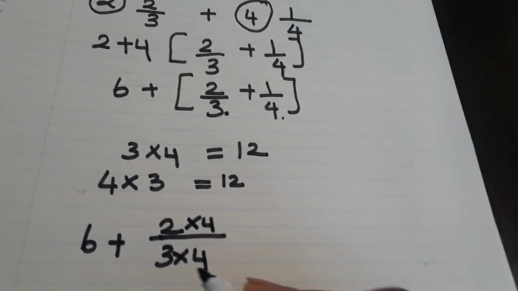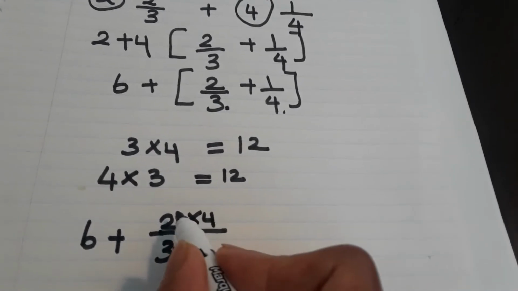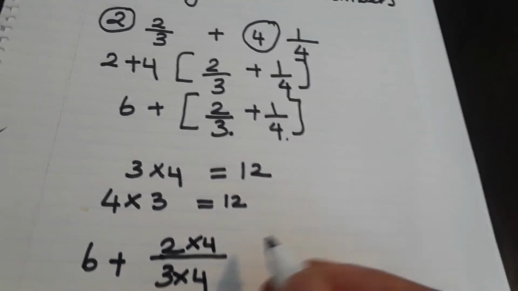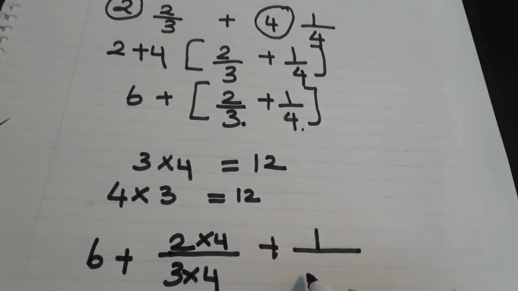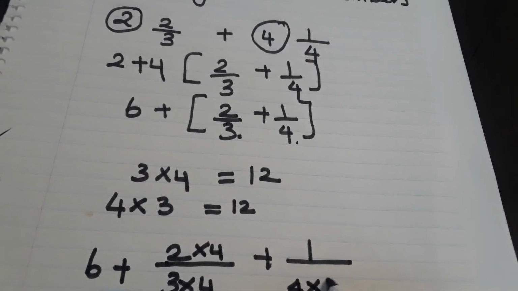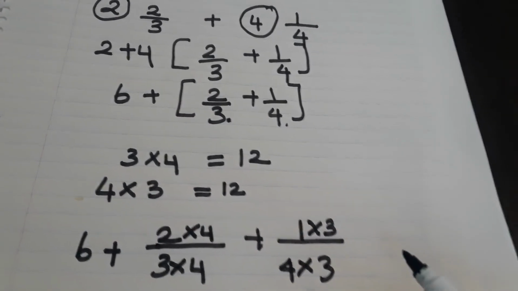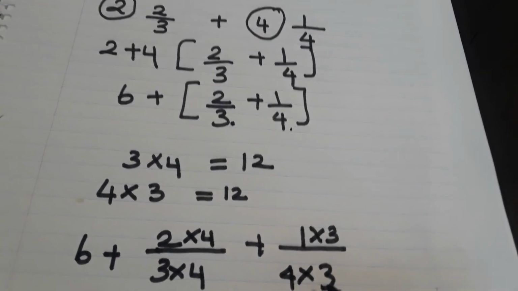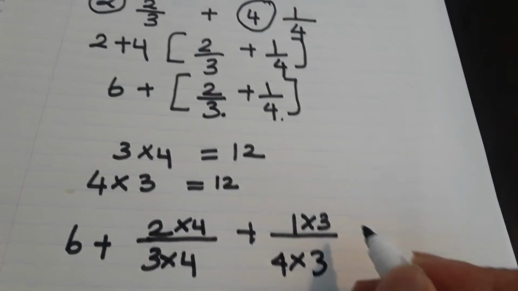Since we multiply the bottom number by 4, we have to multiply the top number by 4 as well. So now here 1. Here we are multiplying 4 by 3, so you have to multiply 1 by 3 as well. Since we multiply the bottom number by 3, we have to multiply the top number by 3 as well.